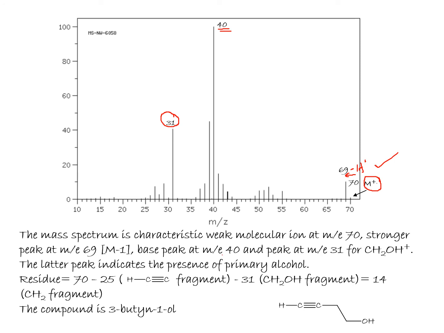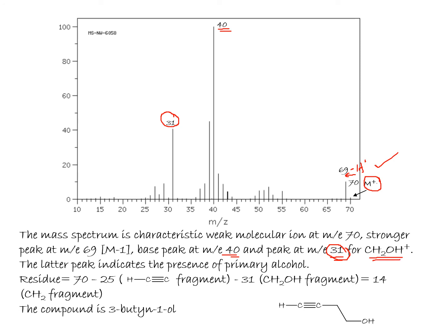Base peak at 40 and a peak at 31 indicate that we have a primary alcohol, because going back to the 31, M minus 31, we said OCH3 or CH2OH plus, that's from a primary alcohol.